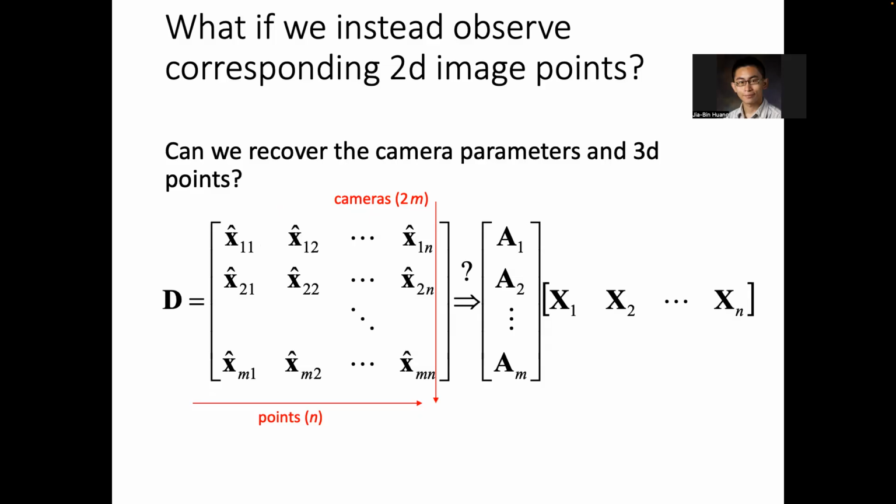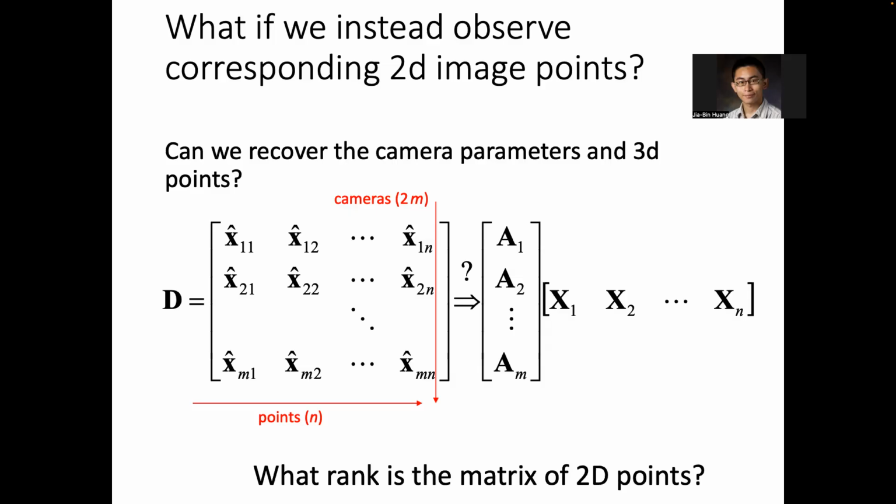The way we can do this is the following. We need to make some observation here, right? Even though we have a big matrix, maybe you have 100 points, maybe I have 50 cameras, 50 frames, then I have a 100 by 100 matrix. But the question is, what's the rank of this big matrix D?